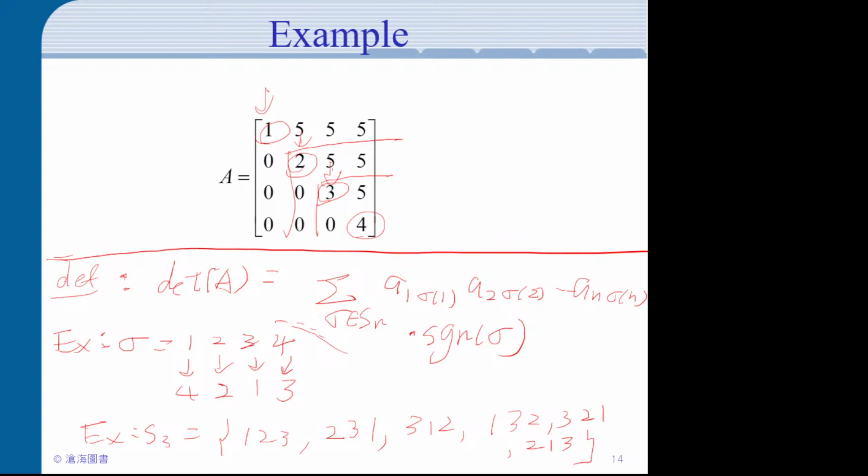So those are all 6 possible permutations of 3 elements, and the sign of the first three is plus, and the sign of the last three is minus. This corresponds to the 6 terms you have in the 3x3 determinant.